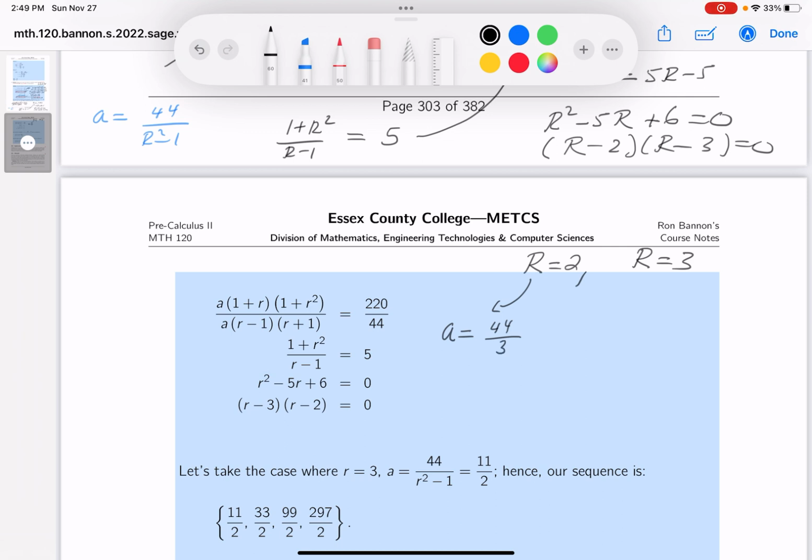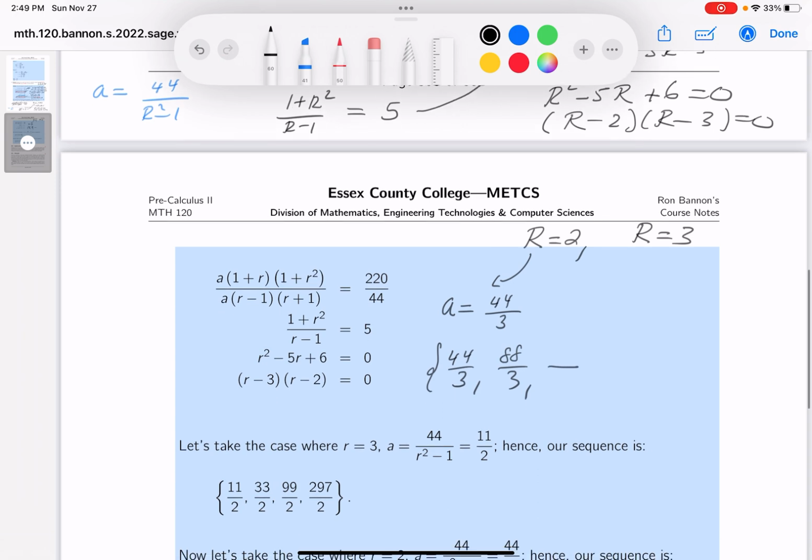So I can write my sequence down now. The first term, 44 thirds. Then I multiply by 2, I get 88 thirds. I multiply by 2, that's 176 thirds. I multiply that by 2, let me be careful about this, 352 thirds.